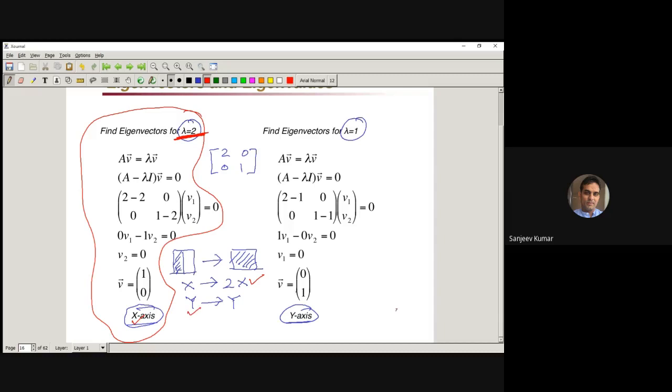In the y direction, I do not have any change, meaning a change of 1 time. So in that way, we are having a relation between eigenvalues, eigenvectors and the change made by the transformation. And this is the basic concept when we will apply PCA. Any questions so far?